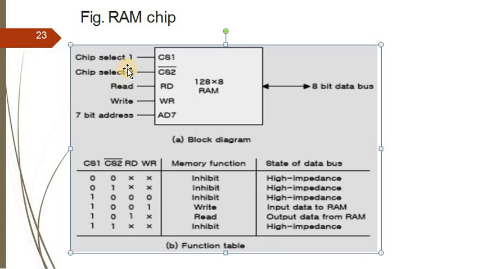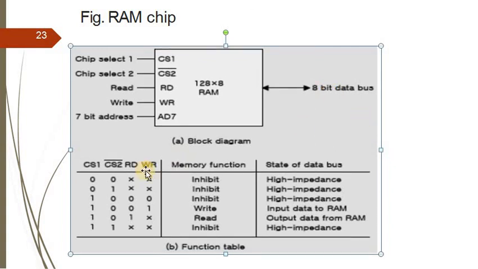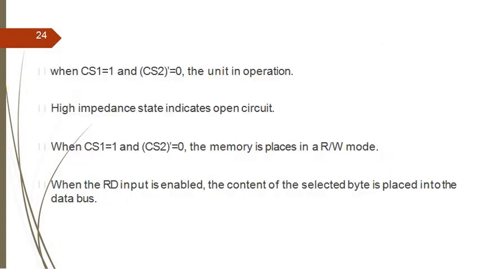The block diagram consists of chip select 1, chip select 2, read operation, write operation, a 7-bit address and the bidirectional 8-bit data bus. So this is a RAM chip. Now we will see the function of this RAM chip, how it works. See here, when CS1 equals 1 and CS2 complement equals 0, the unit is in operation.